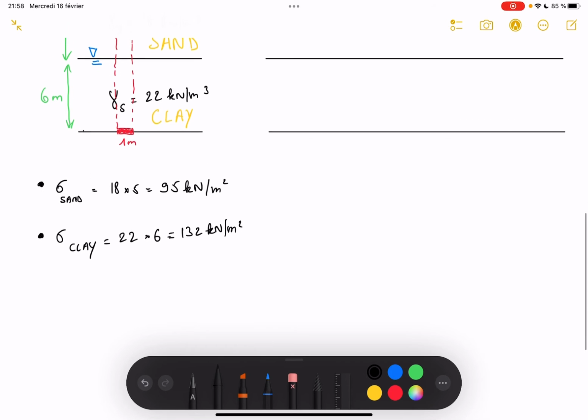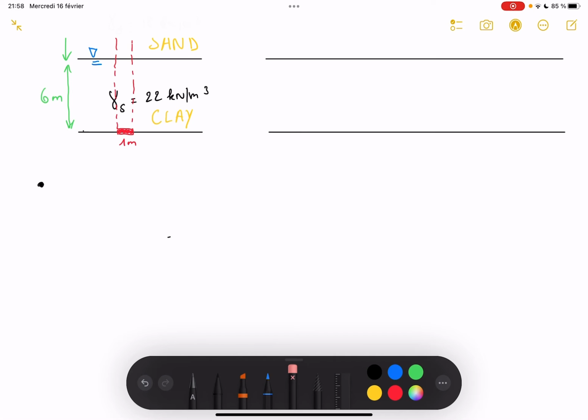Sorry, let's make things easier for you. Let's just assume we're going to be calculating for the red zone here. Let's go straight to the effective stress.